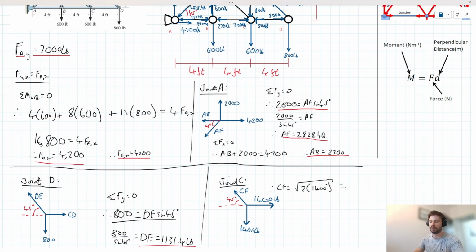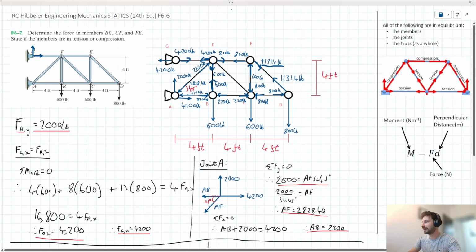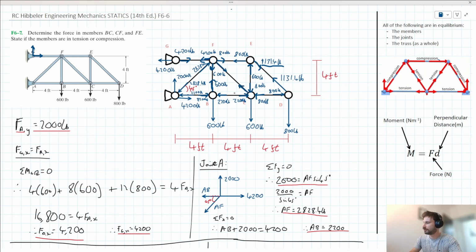Okay, and when we put that into our calculator, we get a value of 1,979.9 pounds. Okay. Let's go ahead then and add that to our messy diagram here. So we've got 1,979.9 pounds here and 1,979.9 pounds acting here.